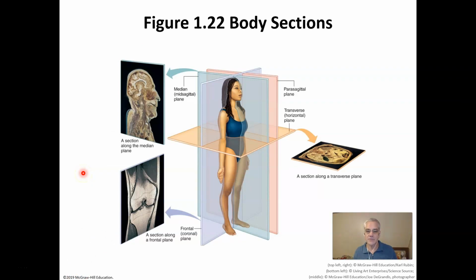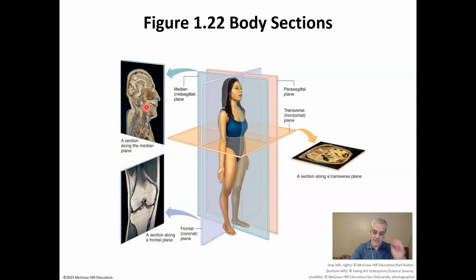And here they are in picture form, right? So we slice it through the middle of your body, we get a transverse plane. We slice you front to back along a sagittal plane, you get pictures that look like this. Now in this particular one, they're telling you specifically this is a median plane.